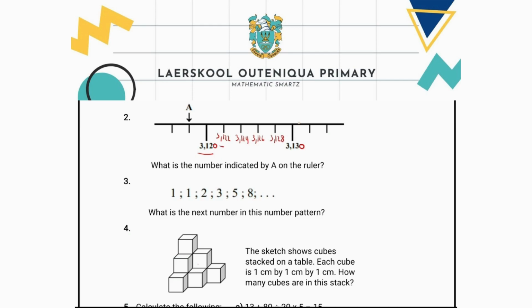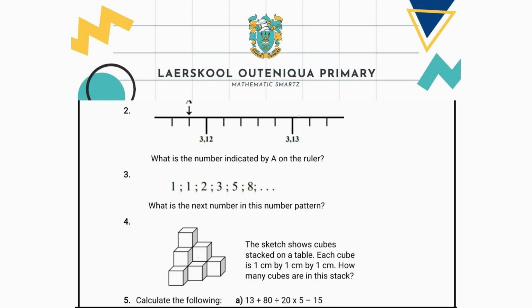Therefore, I have to subtract 0.002 from 3.120, which would give me 3.118. Therefore, the number indicated by A would be 3.118. Let's look at number 3.